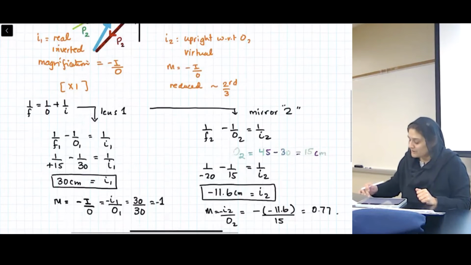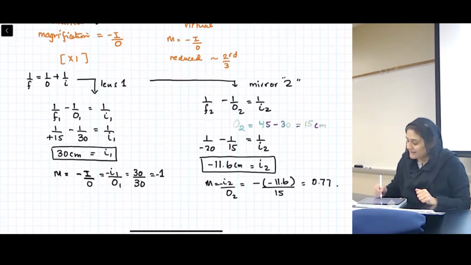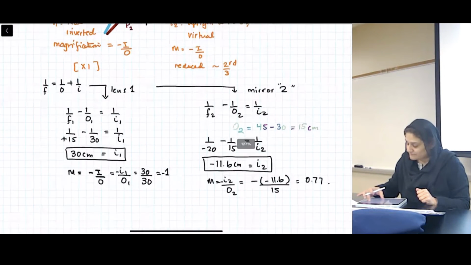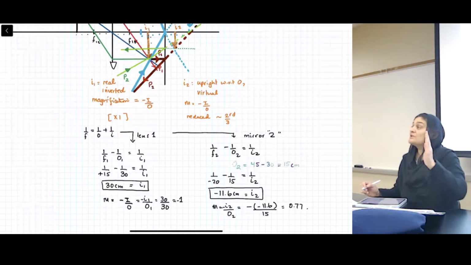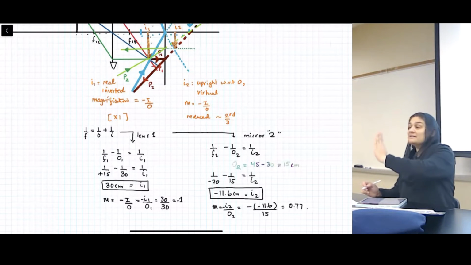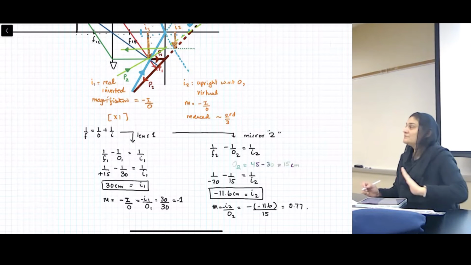Okay, notice that this I has a negative sign with it. What does that mean? I2 has a negative with it. That should tell you it is a virtual image. It is going to be behind mirror 2 now, right?